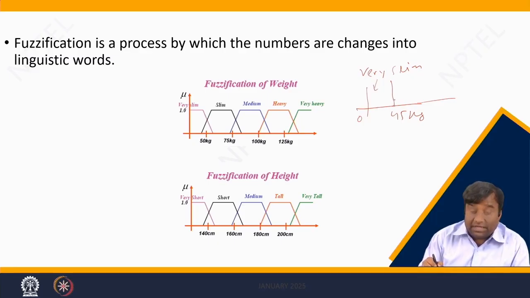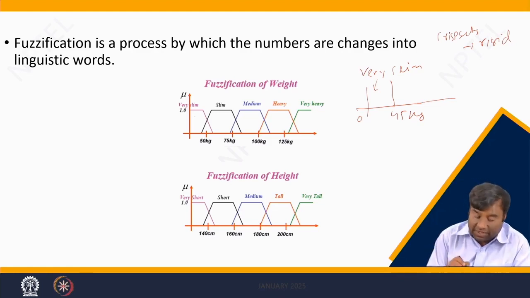So that boundary is rigid for the crisp sets. For the crisp sets, boundaries are very rigid. But here in fuzzy sets the boundaries are flexible. So that's why, these things we discussed in the first class.